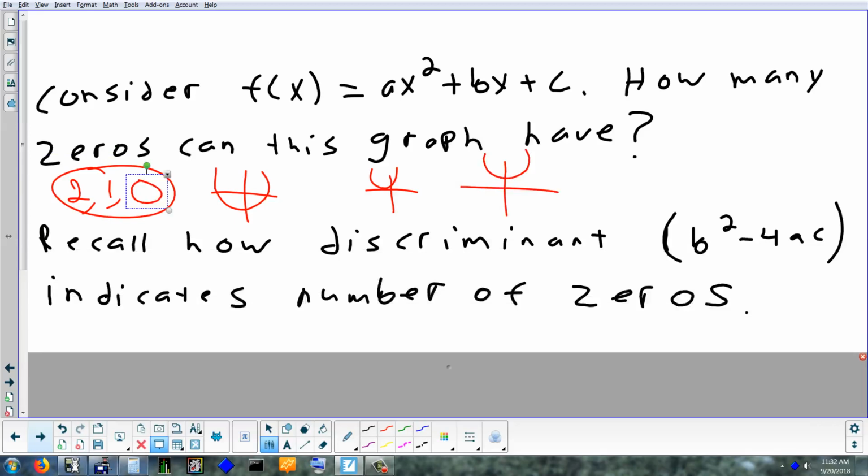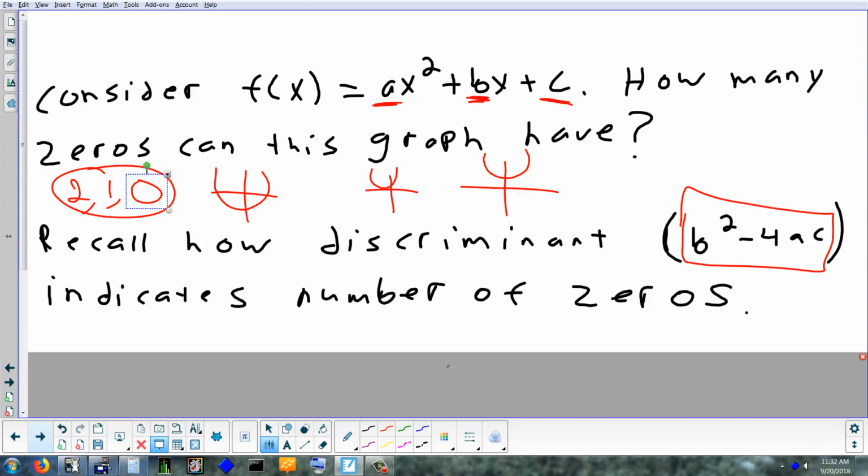Now, we came up, I don't remember if it was yesterday or the day before, with this little calculation, b squared minus 4ac. If you do that calculation out, it gives you a quick way to figure out how many times it crosses the x-axis, how many zeros you have.